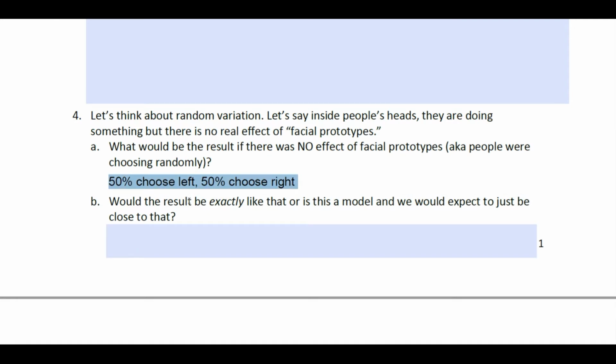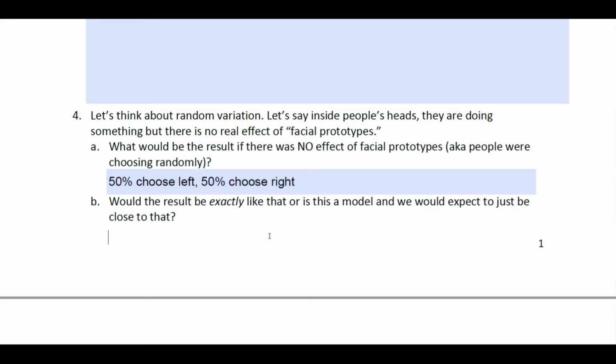This is a rough model that we expect to be close to that, but maybe it's not always going to be exactly right on. So in this case, this is really a model of random chance, or a model of choosing randomly.